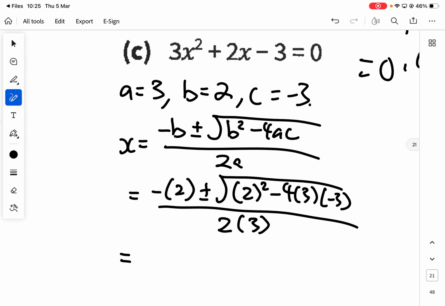Why am I wrong? Negative B plus 2 squared minus 4 times 3. Okay. 0.720759, or change my plus to minus, negative 1.38742. 4 significant figures.